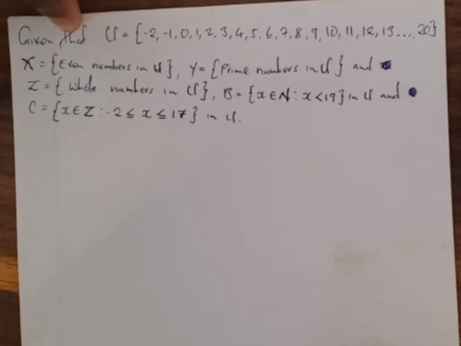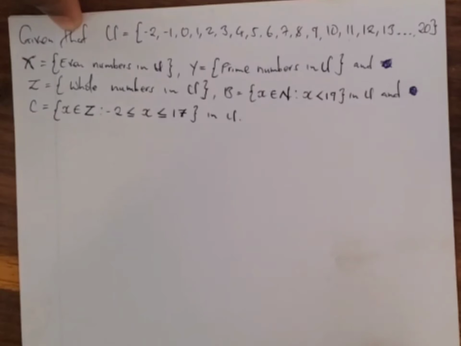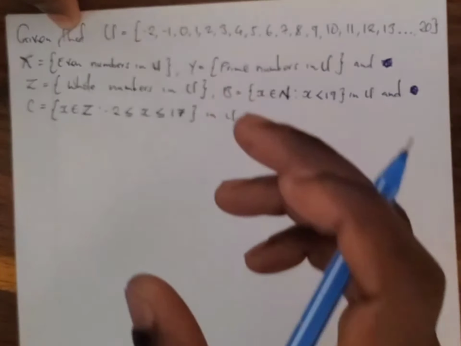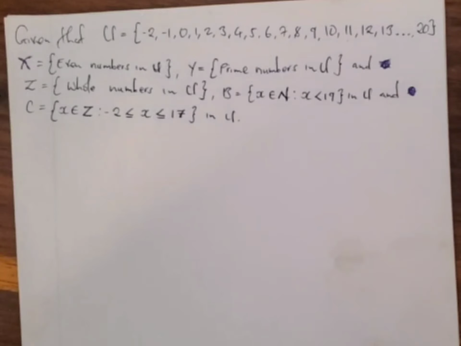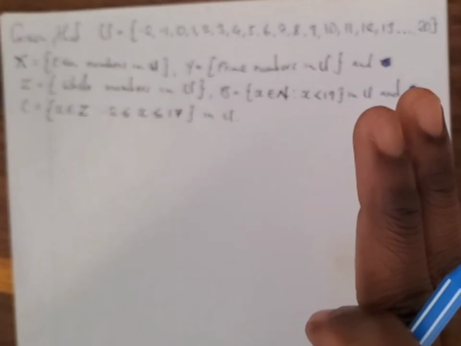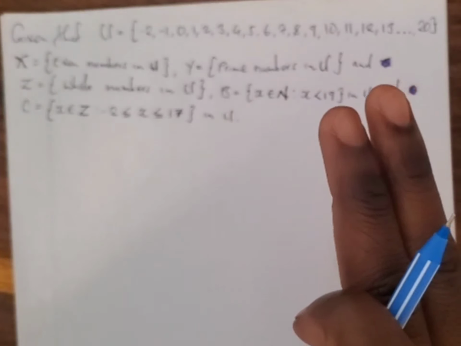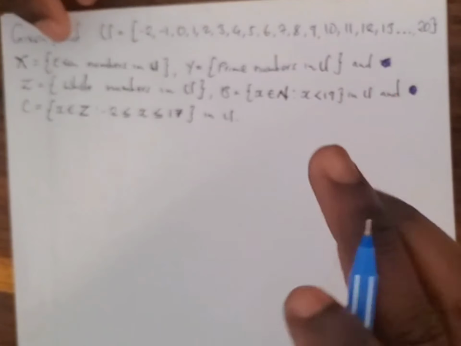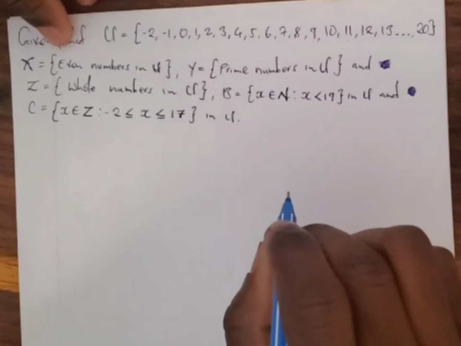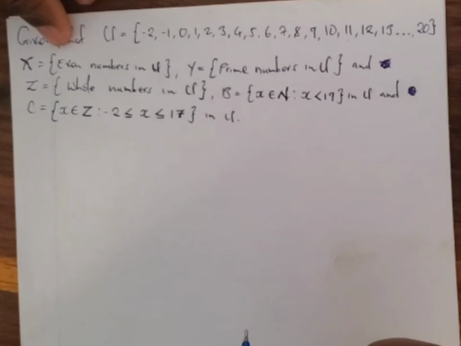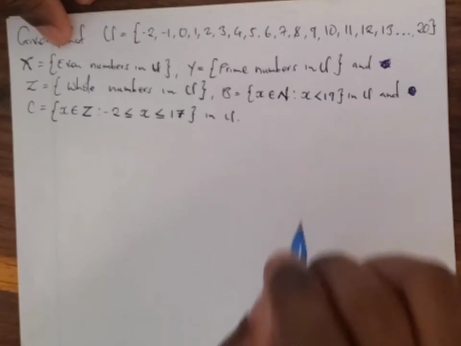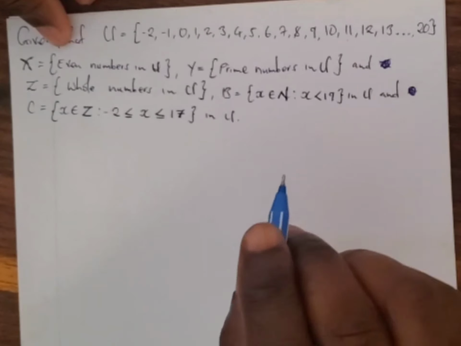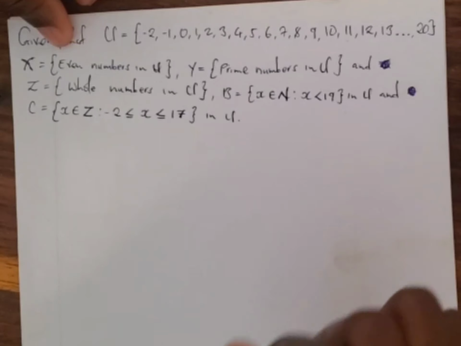So the roster, listing method, or tabular method defines a set by listing the elements and separating them with commas. And when you talk of the rule method or set builder method, this is a type of description which specifies a property that determines the elements in a set.